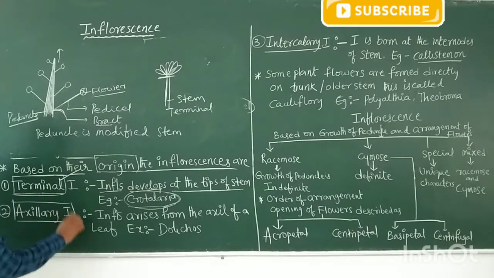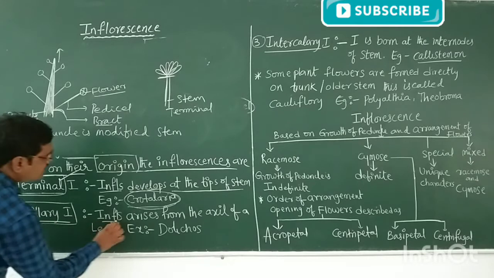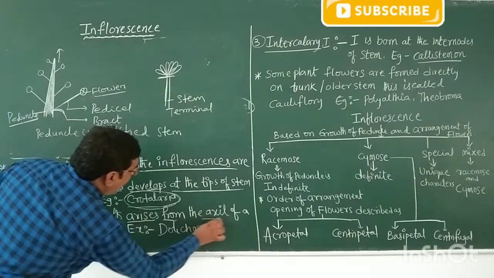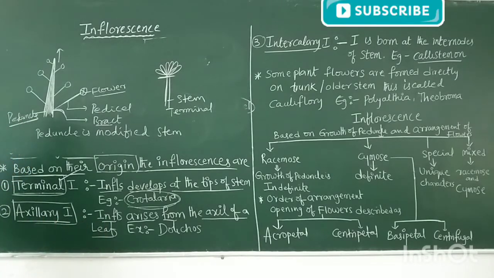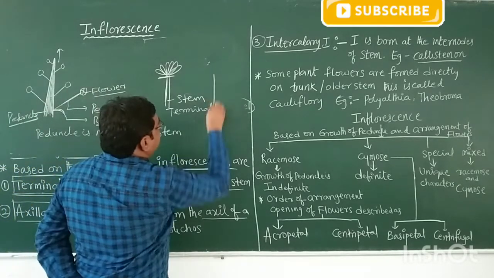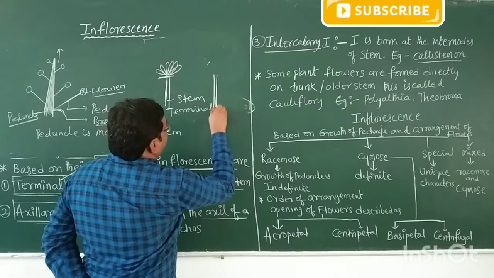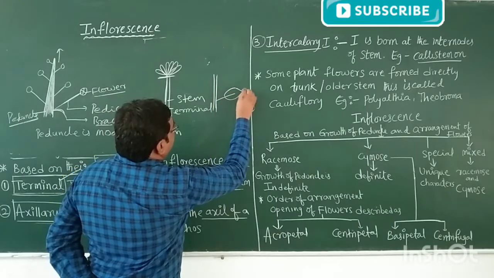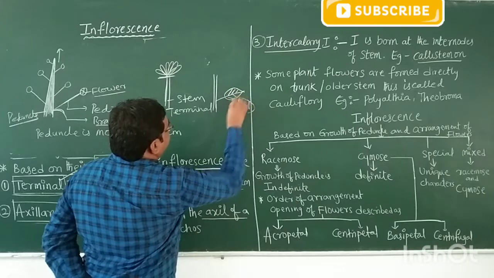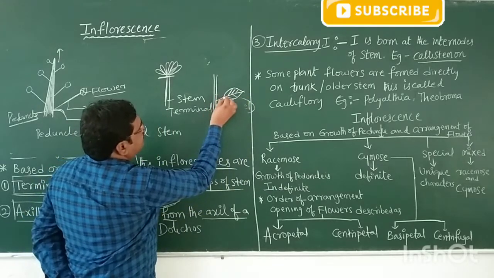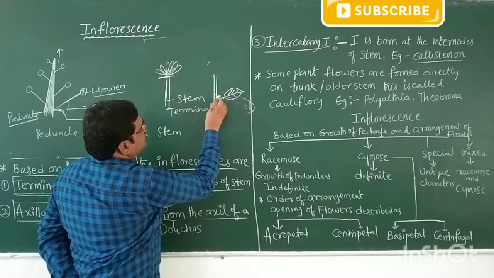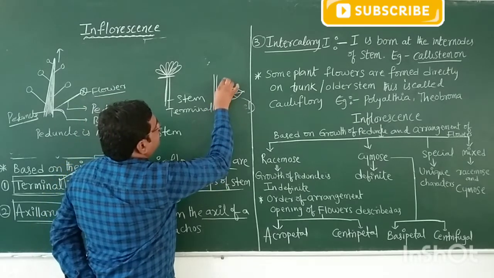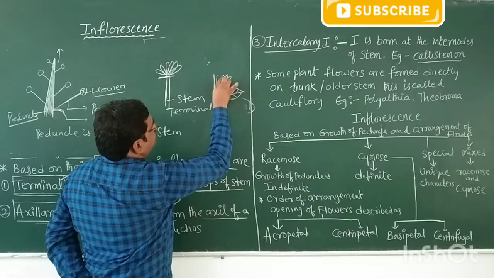Next, axillary inflorescence. The inflorescence that arises from the axil of a leaf is the axillary inflorescence. This is the stem, and this is the leaf. The angle between the stem and the leaf is the axillary position. From this axil, the inflorescence is developed.